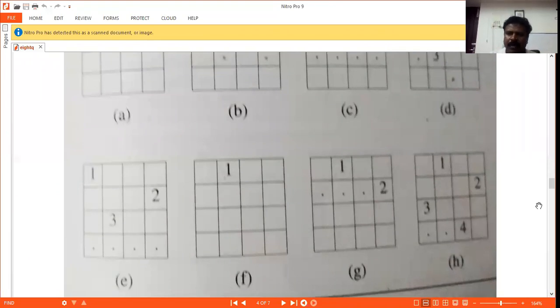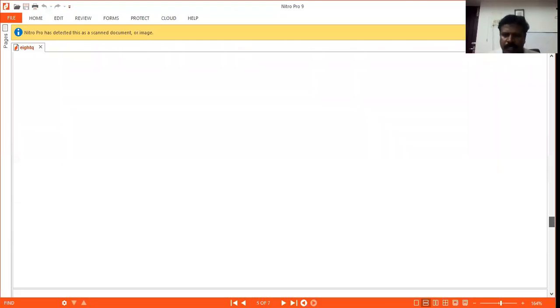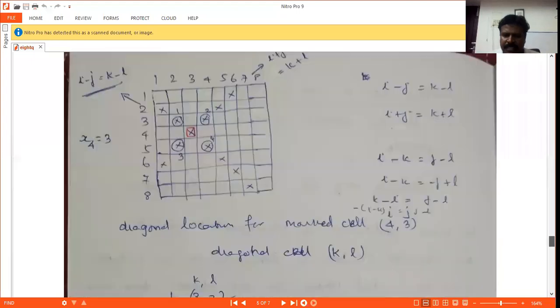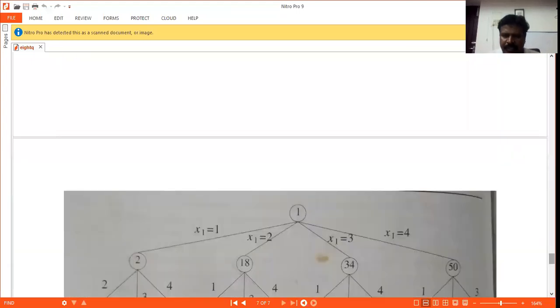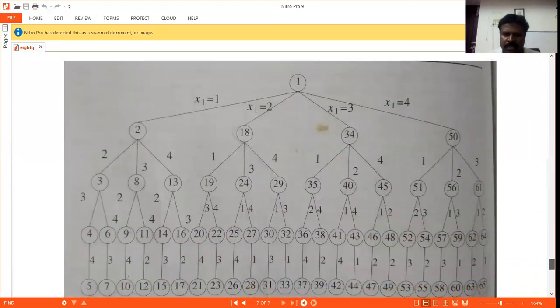So here how are we solving this now? If you do it with the state space analysis method, this is the problem. We have around 64 ways here.